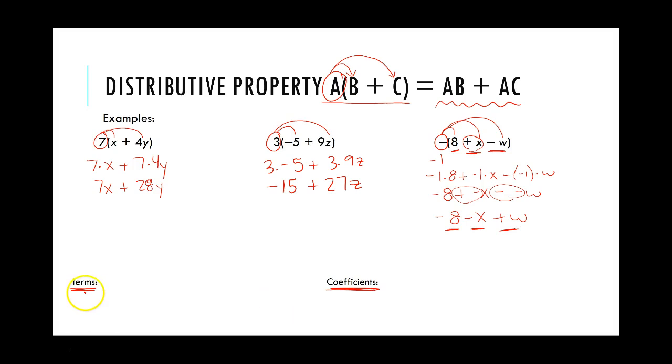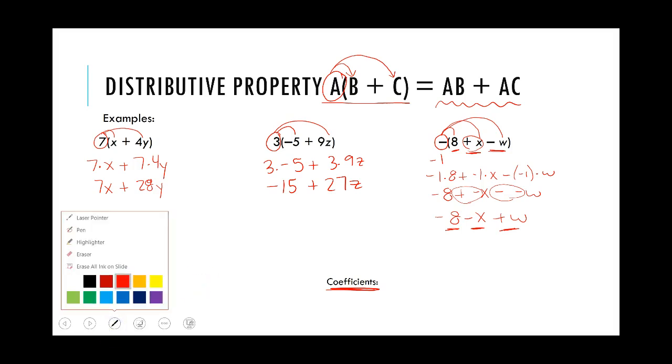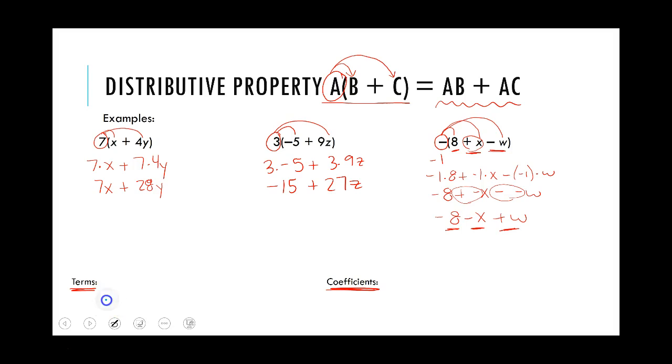So we have terms. Every expression is made up of terms. So if I look at these individually, if I look at 7x plus 28y, 7x is a term, positive 28y is a term. So the terms are 7x and 28y.